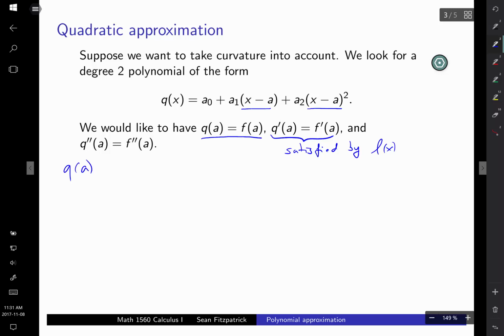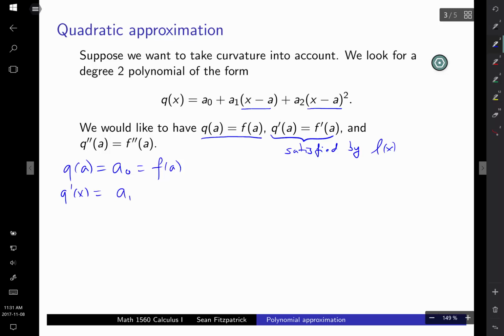So here's where these powers of x minus a come in handy, because if I want to calculate q of a, then x minus a is 0. So the higher order terms disappear, and I simply have this constant term, a0. We want that to be f of a. What do we get for the first derivative? Well, the derivative of my constant goes away.